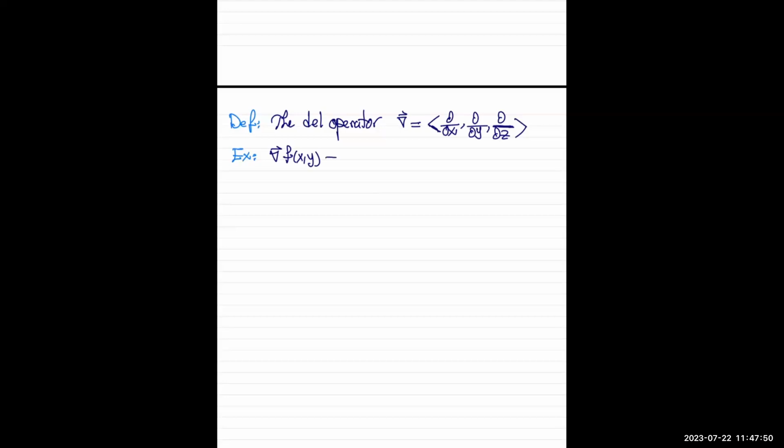We have the partial derivative operator with respect to x and y as a vector. This acts on f, and it gives you the derivative of f with respect to x, the derivative of f with respect to y.